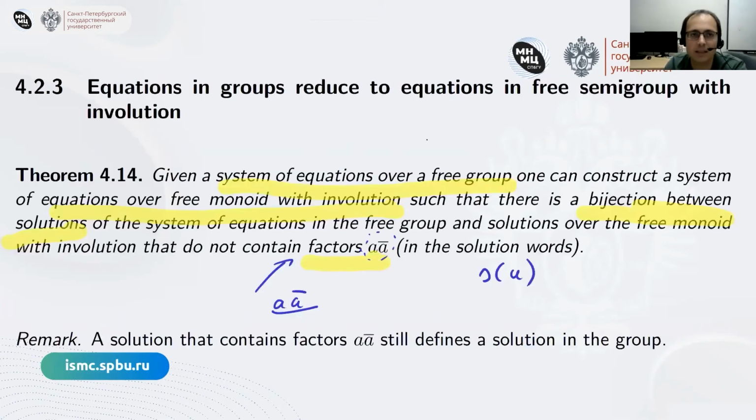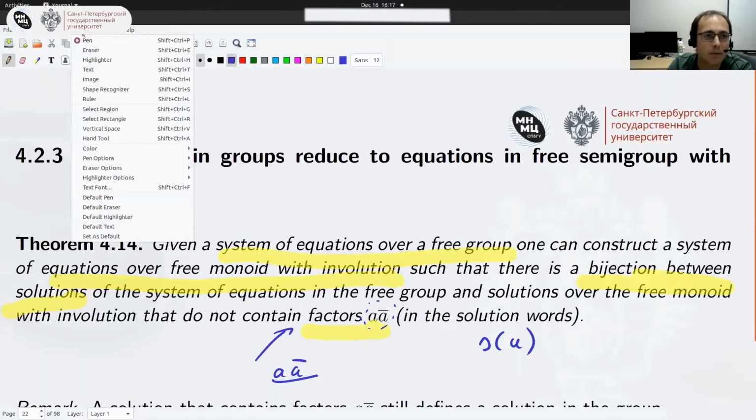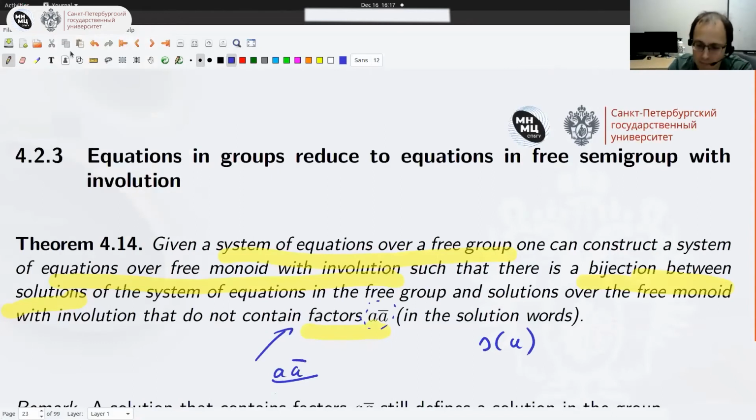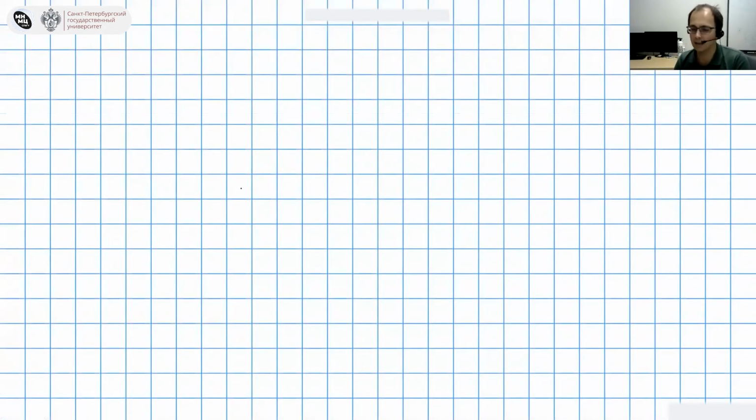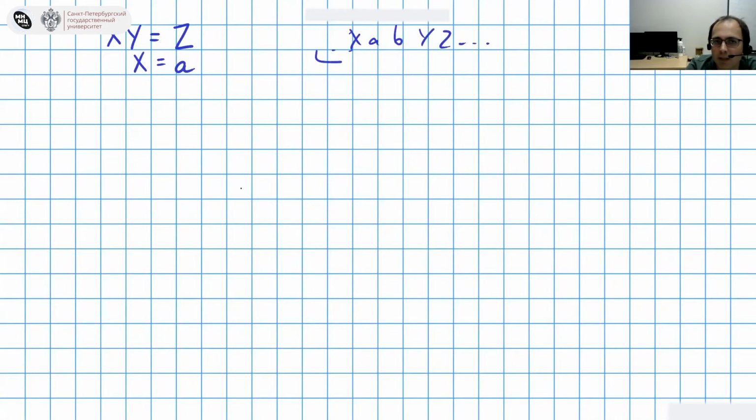Okay, and for that I need a separate piece of paper, and this is done relatively easily. So firstly, we make sure that each equation is of the form either xy equals z or x equals a letter a. This is easy to do, because otherwise, if we have some longer equation x a b y z something, then we just partition.